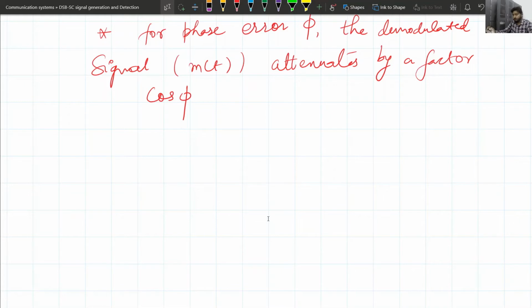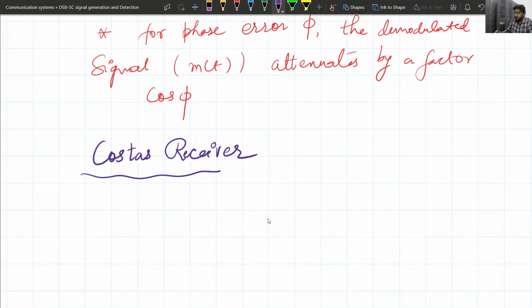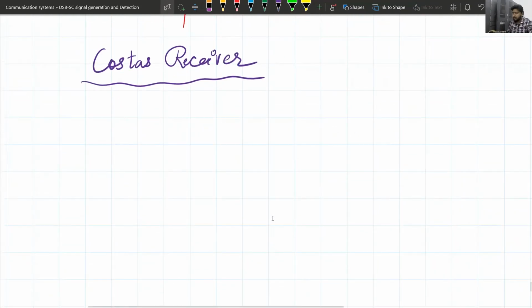So in order to take care of the phase error, we have to apply an extra circuitry. One such method is called Costas receiver. Let me draw its block diagram.